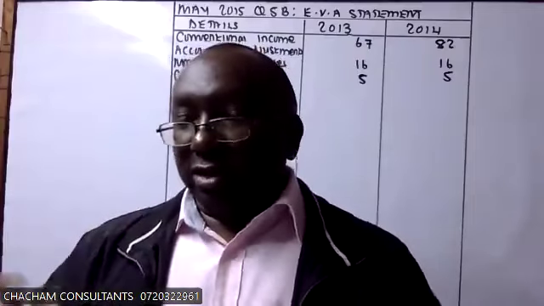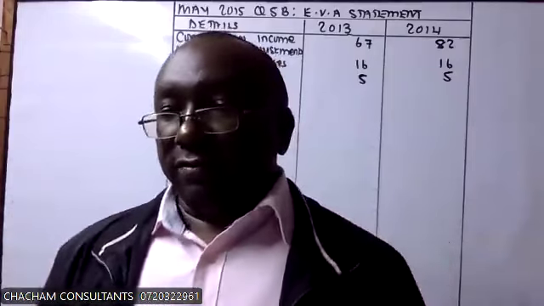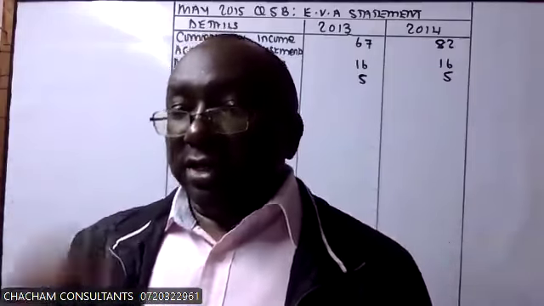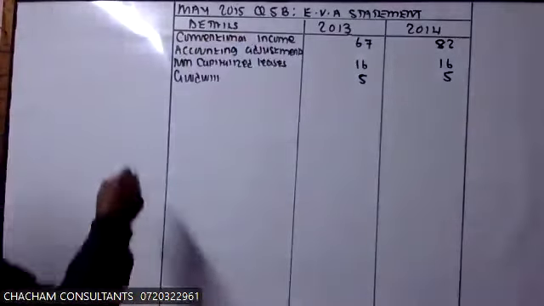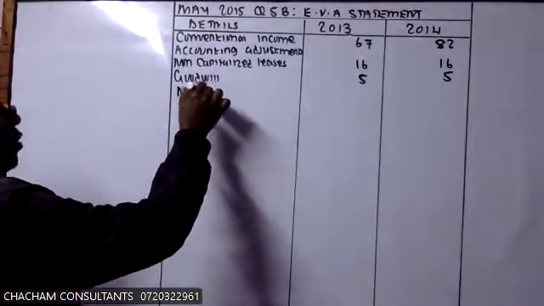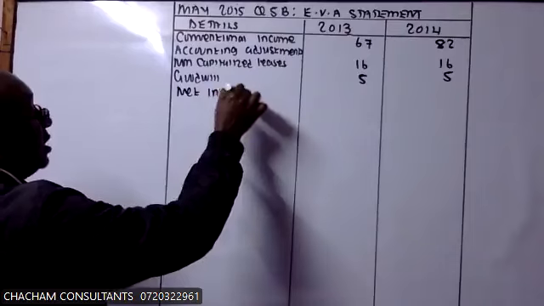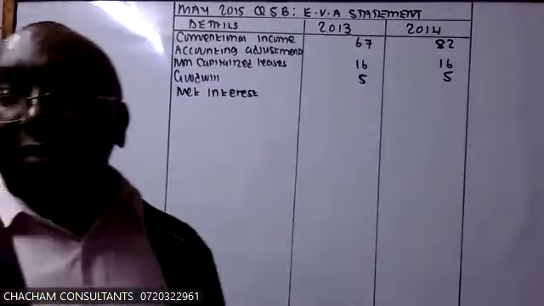Washatoa interest because interest kwanza huwa inatolewa ndio itupatie to what we call the tax shield. So interest ishatolewa, so we must return it back. So net interest. When I talk of net interest, I mean we are going to add net of tax.